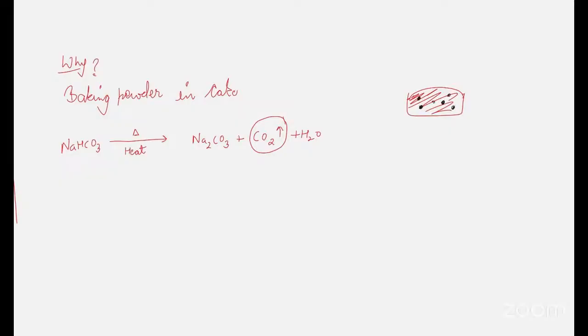Why? Because carbon dioxide wants to come out, but it cannot because of the mixture. This carbon dioxide will go up, and because it goes up, the cake becomes a little swollen and fluffy. So whenever we eat cake, we actually eat carbon dioxide.